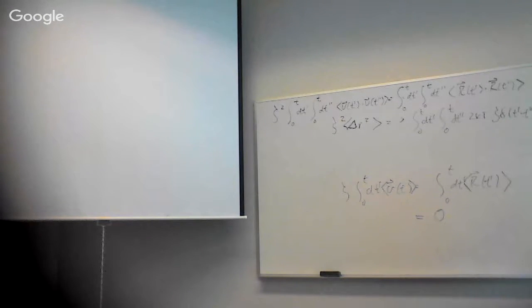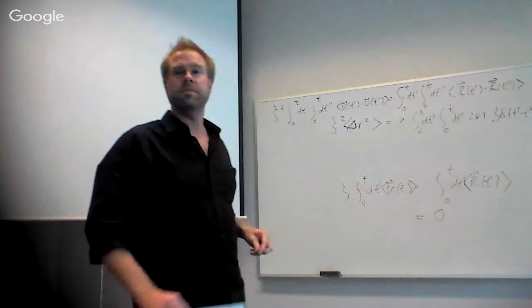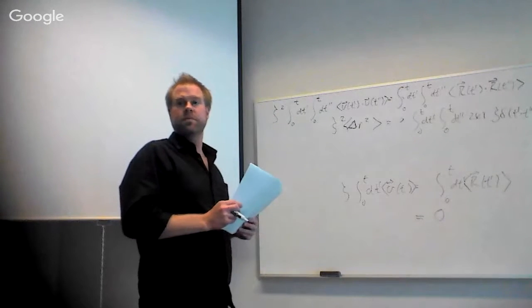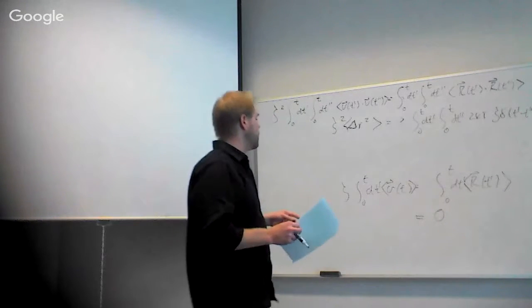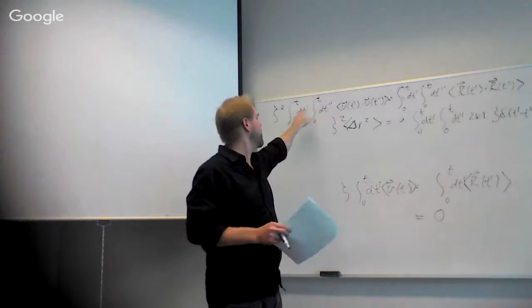I think I missed something. So we're doing a double integral over 2 velocities because we're going to 2t. So what we're doing is, to get here, do you understand how we got here?